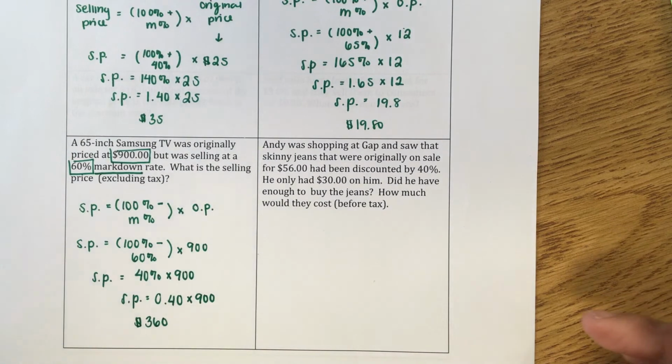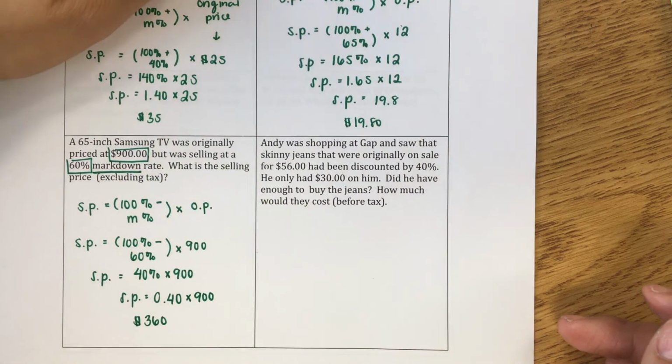Andy was shopping at the Gap and saw that skinny jeans that were originally on sale for $56 have been discounted by 40%. He only had $30 on him. Did he have enough to buy those jeans? How much would they cost? When you have a discount, that is another version of a markdown problem.